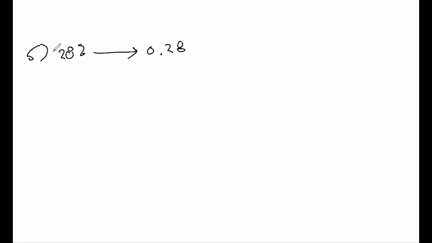Now you want to take the 0.28 and multiply it by the total number of people that you polled, times 750 people.